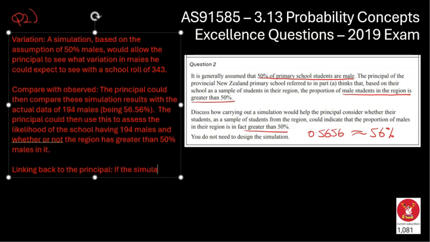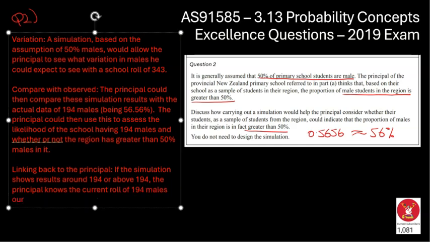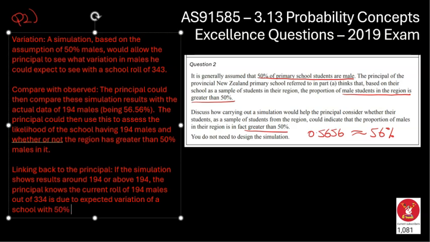If the simulation shows results around 194 or above 194, the principal knows the current roll of 194 males out of 334 is due to expected variation of a school with 50% males.